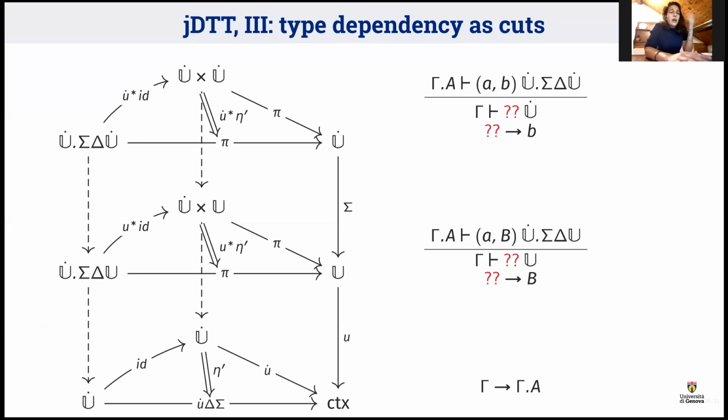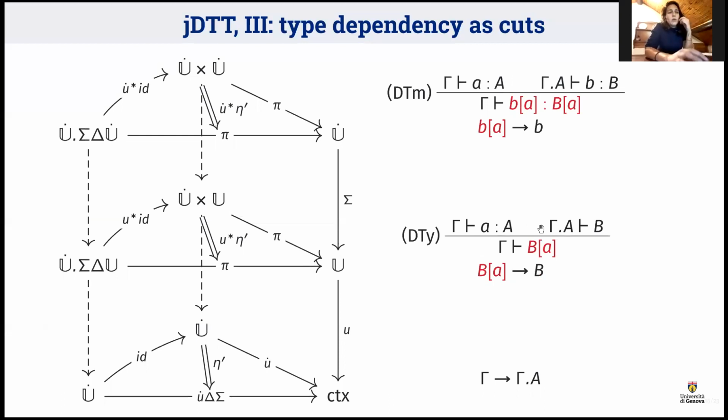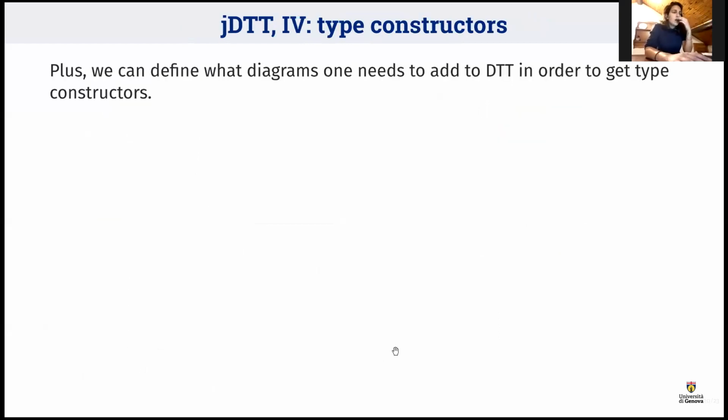But what does it mean to have something doing this job? This is exactly what we call dependent types and dependent terms. And you see that this type agrees with this type through this sigma typing functor here. So, two categorical constructions, coding rules.